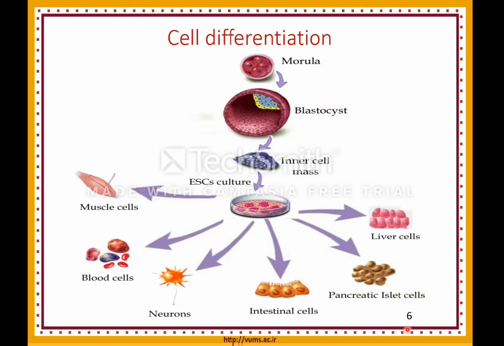As you see in slide number 6, we can define cell differentiation as a procedure in which one cell, as a stem cell, changes its function and structure and finally forms cells with different structure and function in the body.